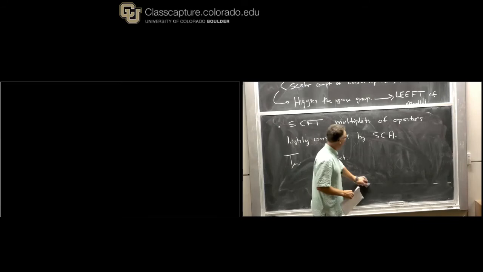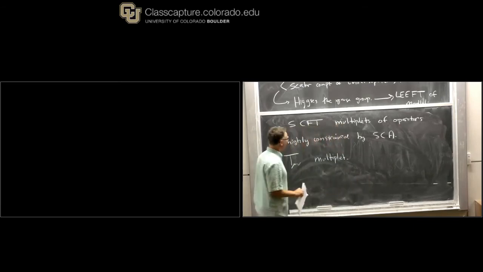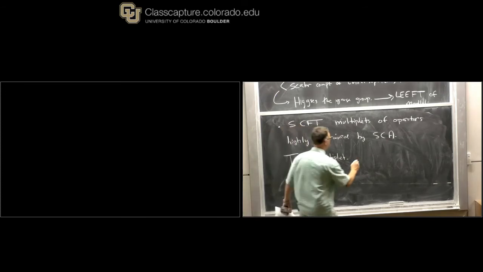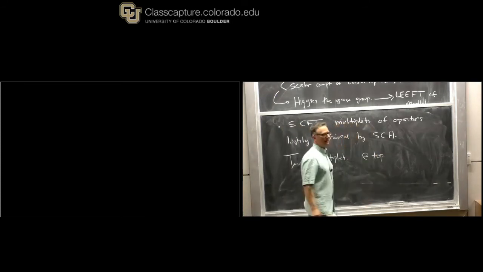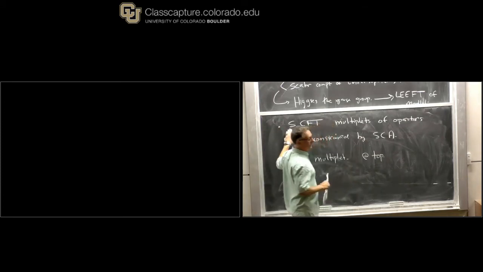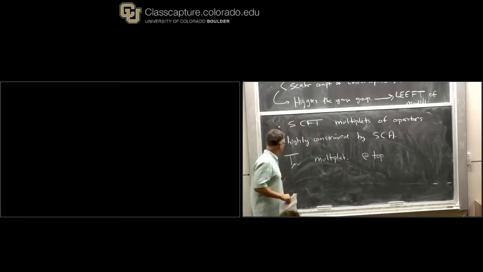And in these superconformal representations, T mu nu always sits at the top of the multiplet. This is something I think Clay also discussed in his last lecture, that in order to get the right supersymmetry algebra, the stress tensor has to sit at the top of the multiplet. And then we can ask, what's the operator that sits at the bottom of that multiplet?